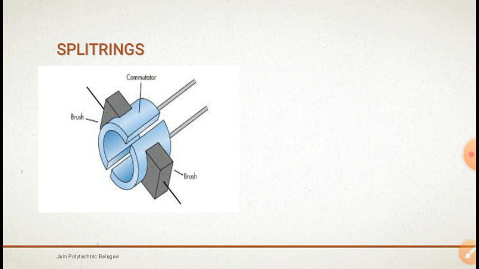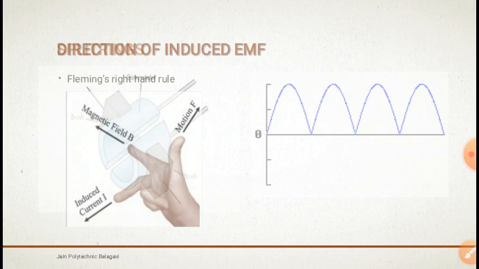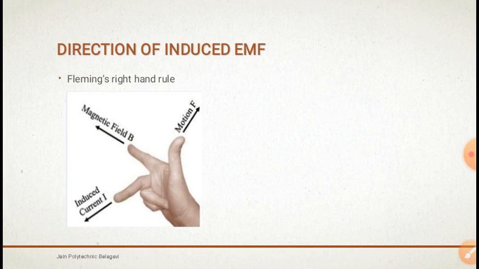These are made up of a conducting cylinder which is cut into two half segments, insulated from each other by a thin sheet of mica, and the coil ends are joined to these segments on which sit the carbon brushes. So the output of the DC generator is shown here. It is unidirectional.